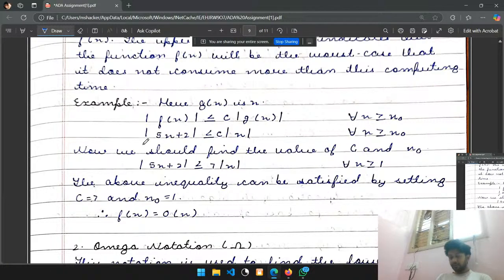The modulus f of n is at most c times g of n, such that n is at least n naught.